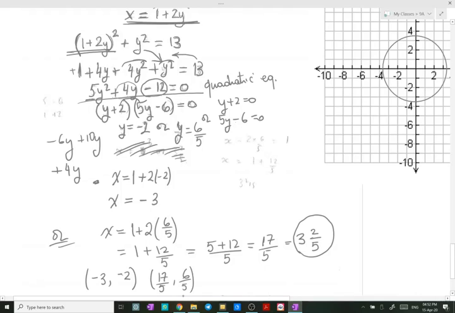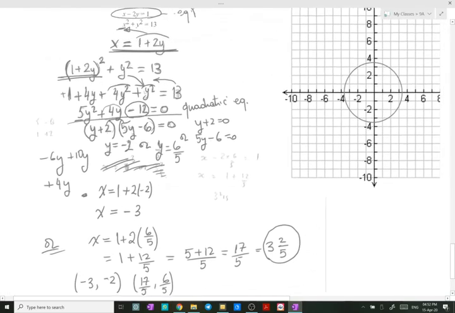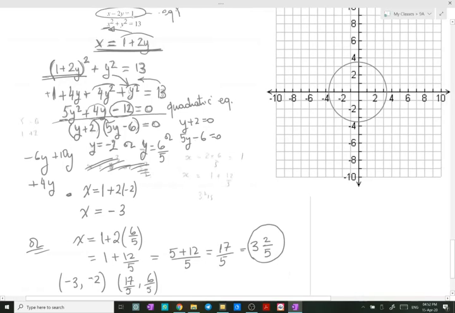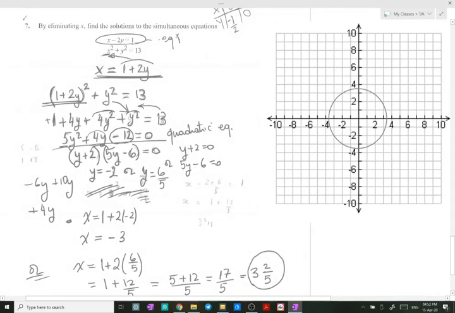Now we have solved this problem algebraically. Now I'm going to solve it also with you graphically. We said that when we want to graph x squared plus y squared equals 13, we have first to state what is the shape of this equation.